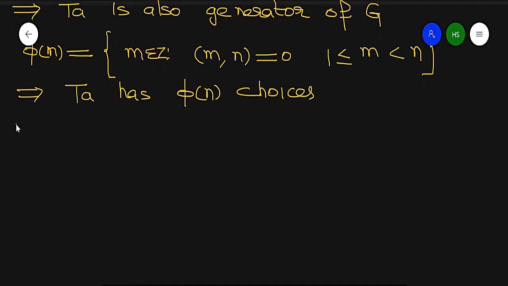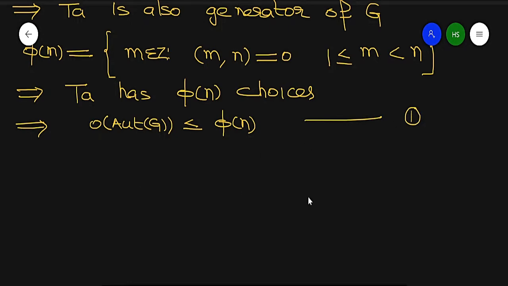So what does this mean? The order of the automorphism group of G is always less than or equal to phi(n), right? Suppose this is equation number 1.